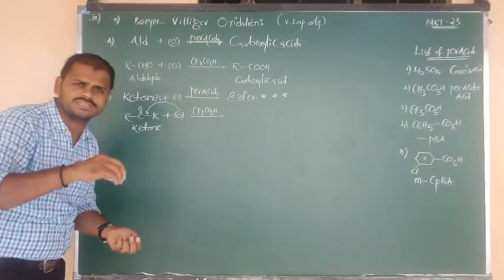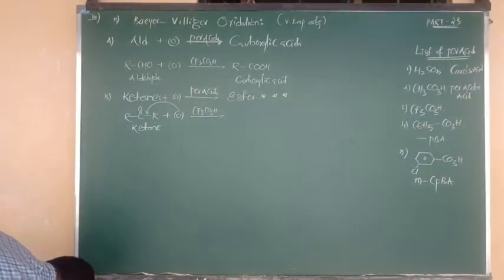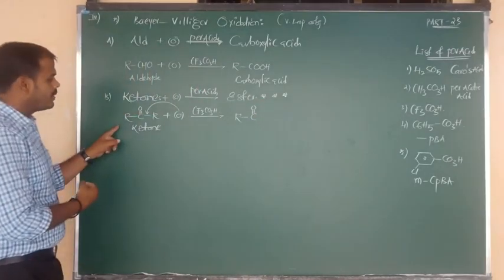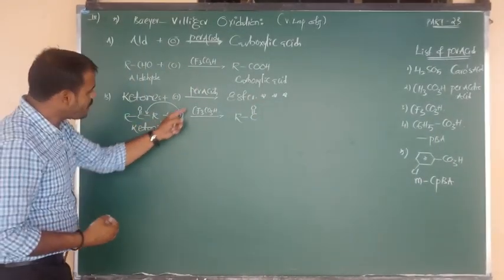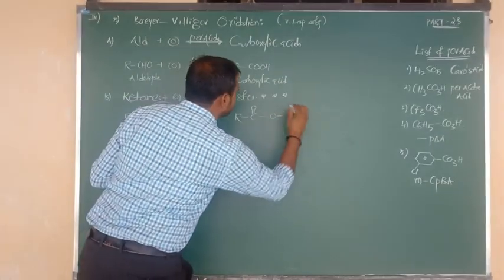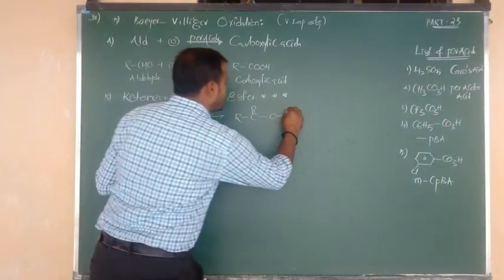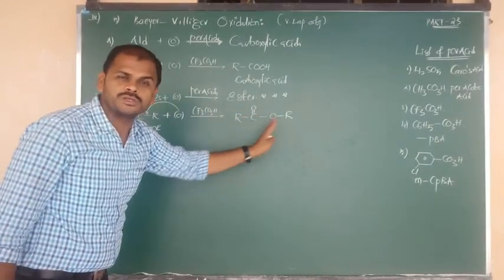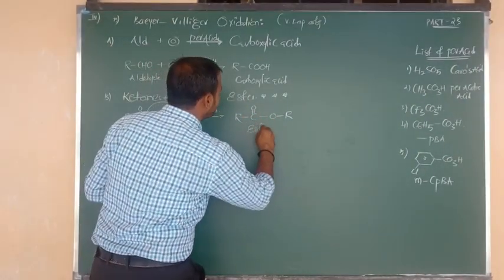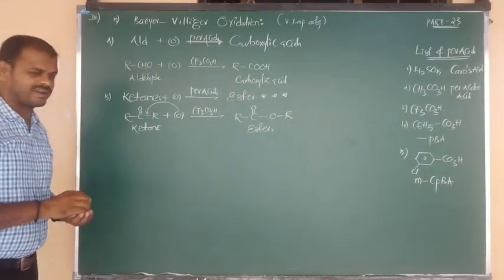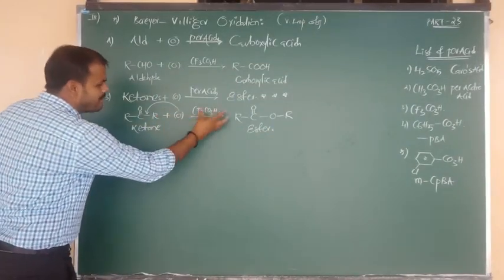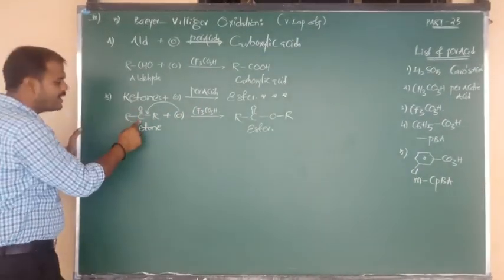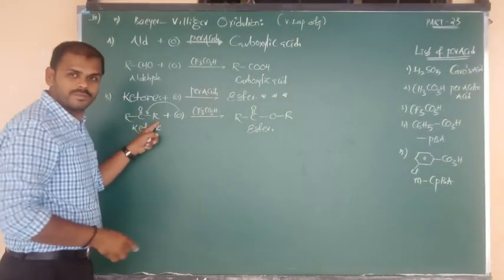So the product is R bonded to C double bond O, bonded to O, bonded to R. The name of this product is ester. Simply, because peracids are oxidizing acids, they provide the oxygen, and that oxygen we insert between the carbonyl carbon and the alkyl group.